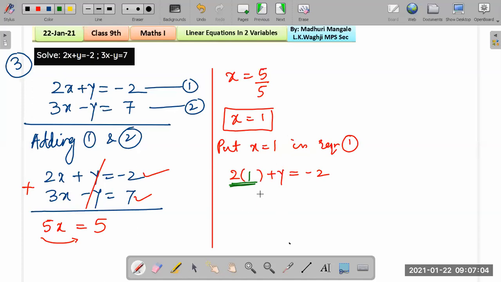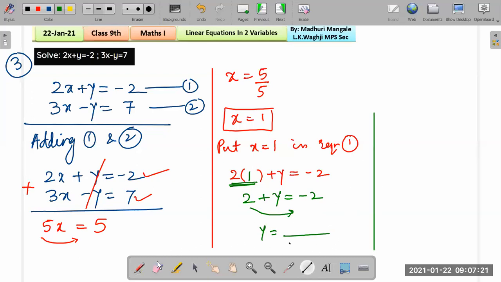So 2 times 1 is 2 plus y equals to minus 2. Be very careful in solving this. So plus 2 would move to that side and you would get some value of y. Okay, I'm not going to solve that part. It is up to you. And then you write the solution in x comma y format.